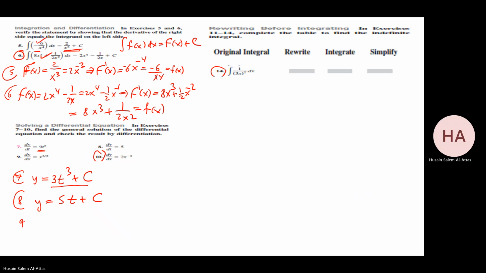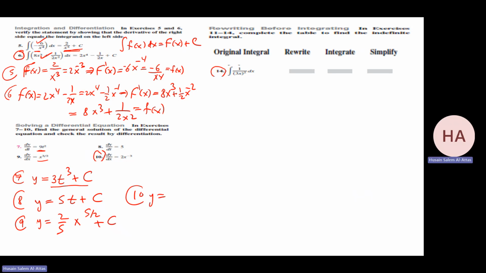9. This is x to the power 3 over 2. I add 1 and I divide by it. So it will be 2 over 5, x to the power 5 over 2 plus c. 10. This is y will be what?